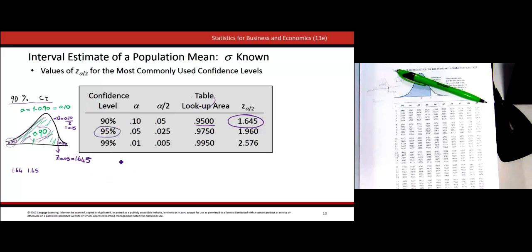So we showed 95%. How about 99%? What is alpha? 1 minus that, 0.01.